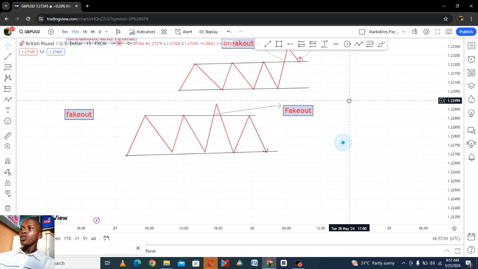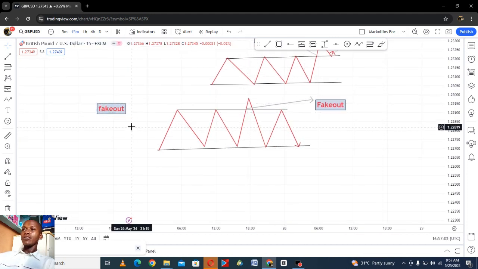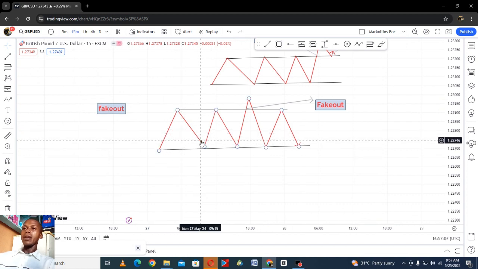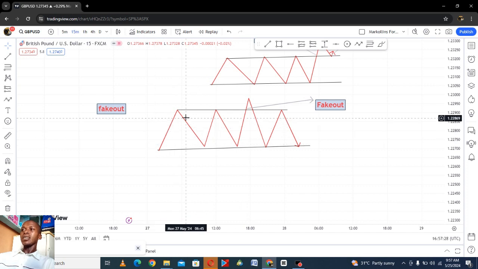Then another one is what is called a fake out or fake breakout. A fake breakout is a situation whereby rice was selling at like 20k, it's selling at 20k. Then before you know it, one or two things happen. Assuming there are foreigners that came to buy rice, or someone is doing a big celebration or political campaign, then the demand for rice increases.